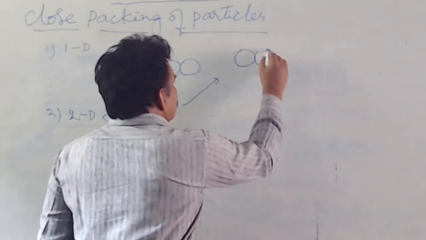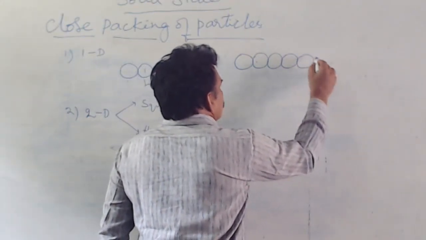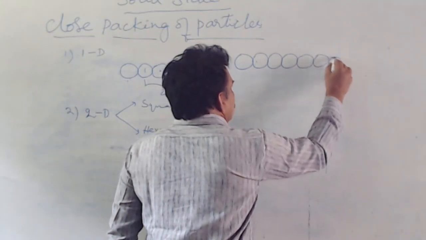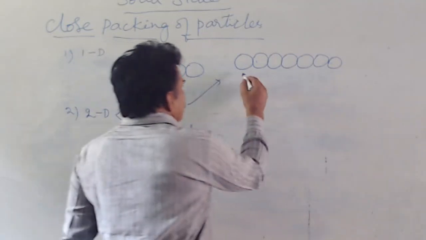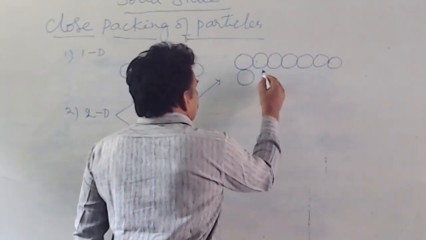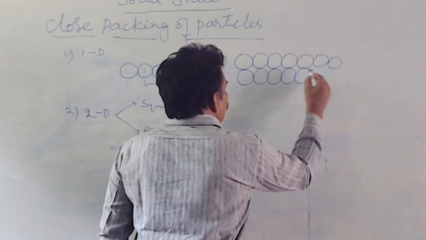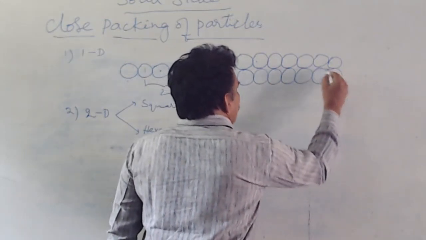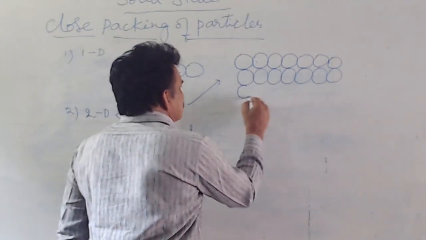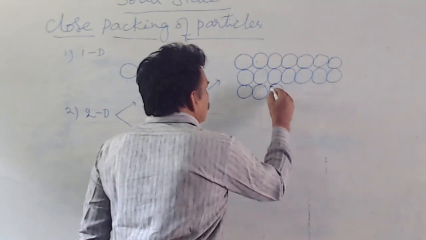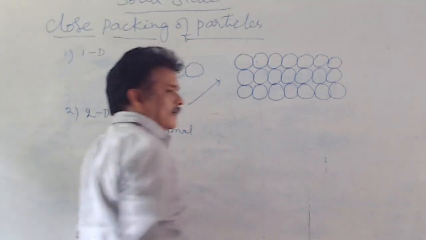We are taking the particles closely packed with each other along the x-axis. This is one dimension. If another line of particles comes close to the above line, then this type of two-dimensional close packing is called square close packing.